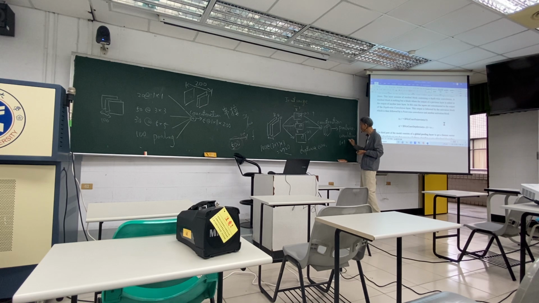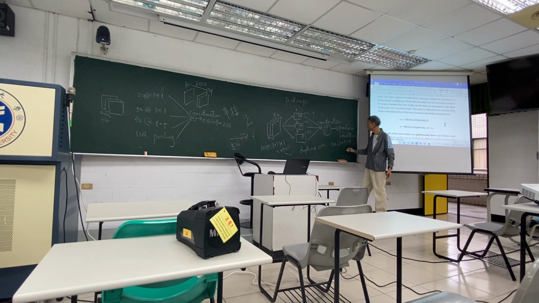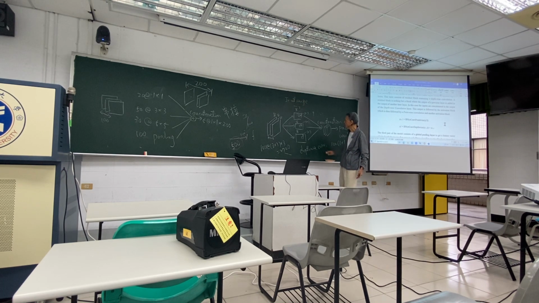And if you need to change it to 100, you just use 100. Then this is only 300, right? For the depth-wise part, 100 is 9 each, and this is only 27.